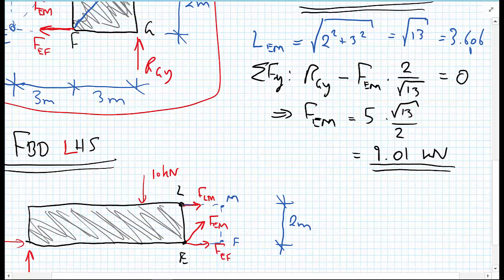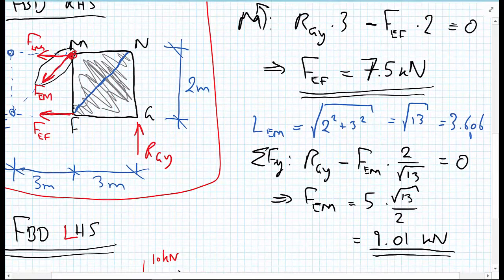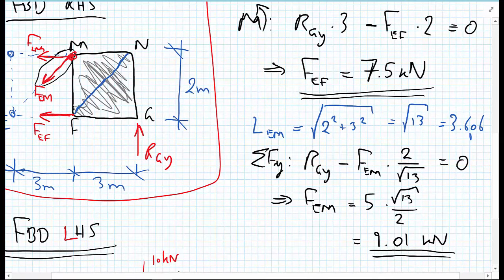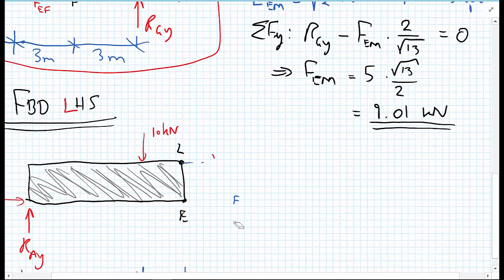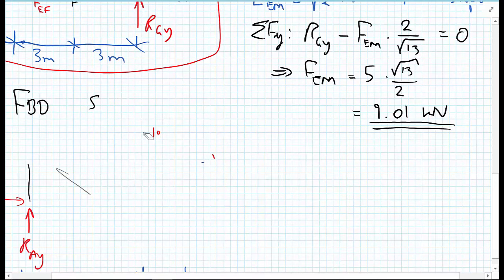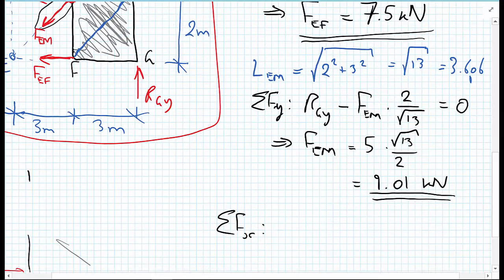So at this point we have FEM and we have FEF. Now we just need FLM. So we're going to use the final equation of equilibrium that we have left. So sum of the forces in the x direction now. Let's have a look at the free body diagram.